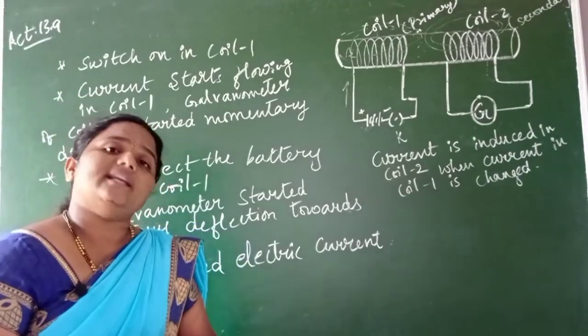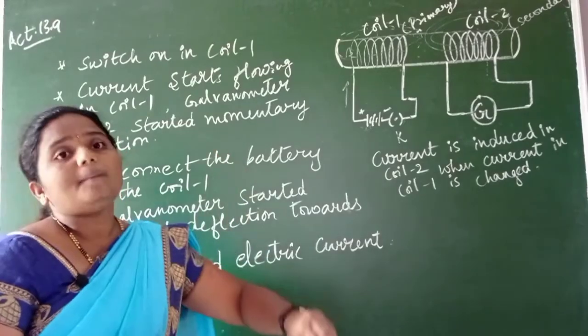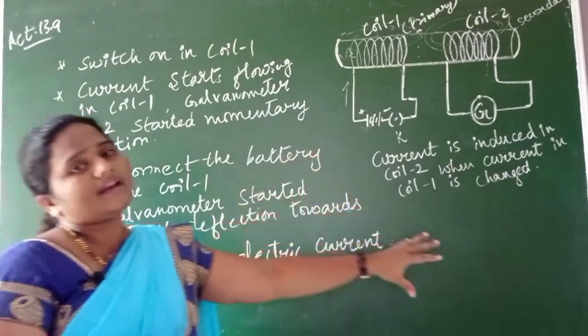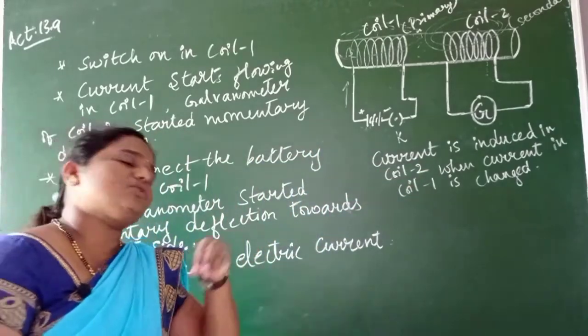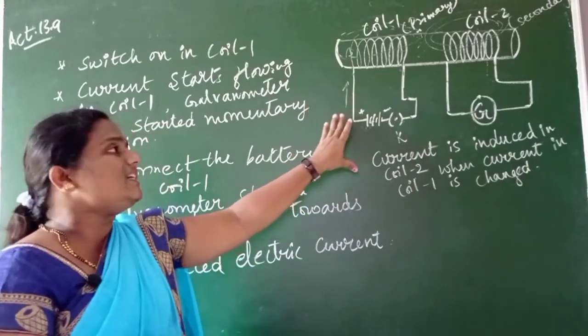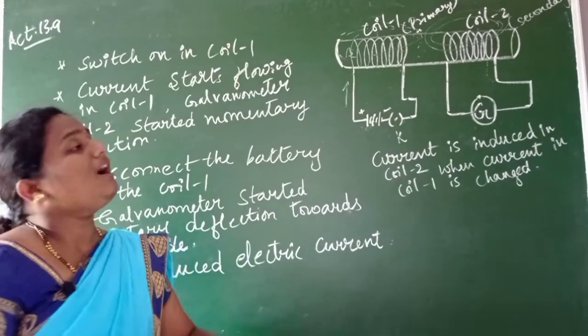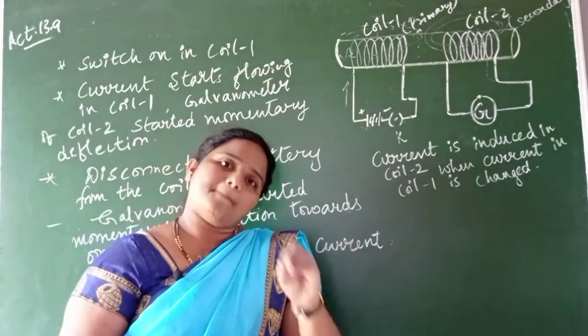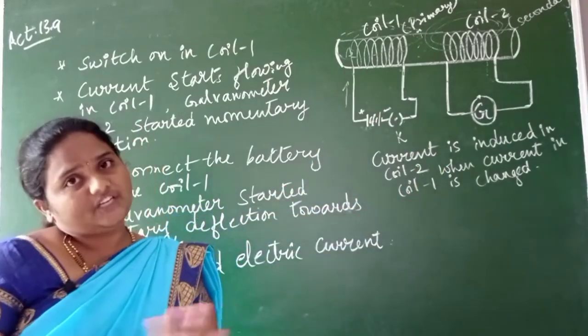In many practical cases, it is often convenient to either bring a moving coil towards a magnet or to bring a magnet towards the coil. As per our convenience, in many practical situations we will bring a moving coil towards a magnet. The same principle we will use in our generators.